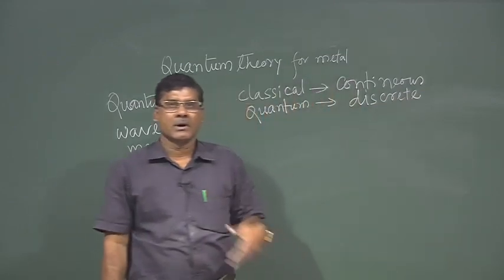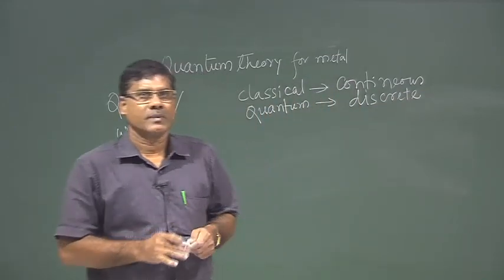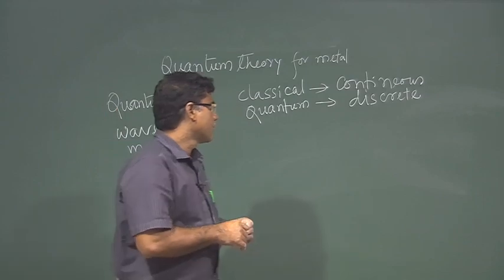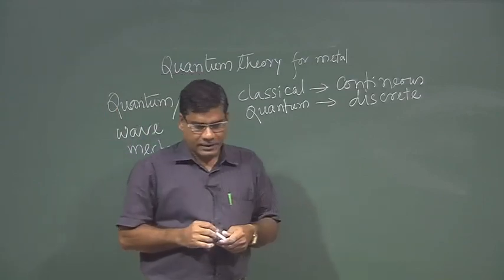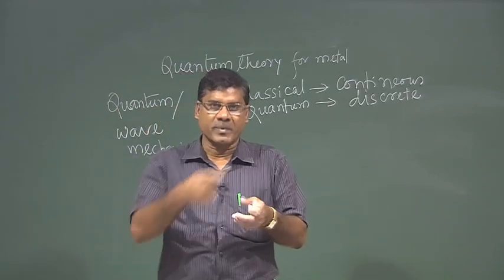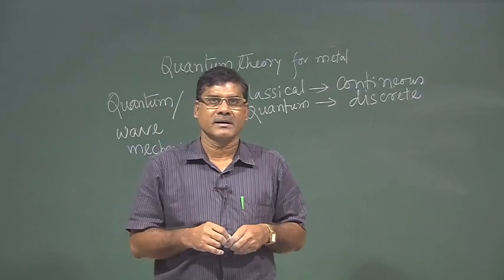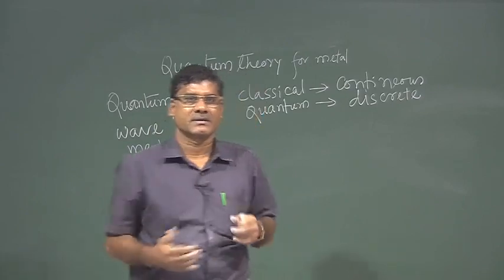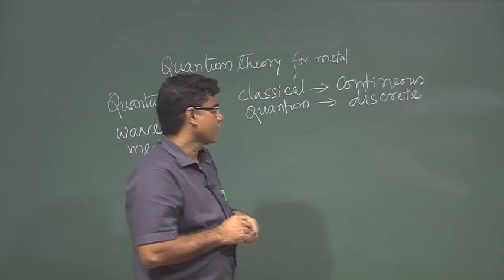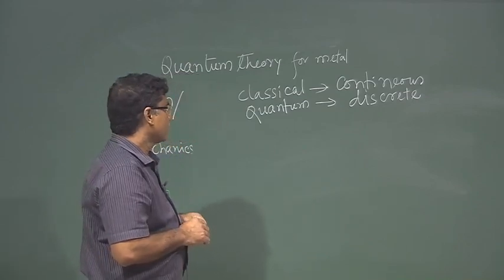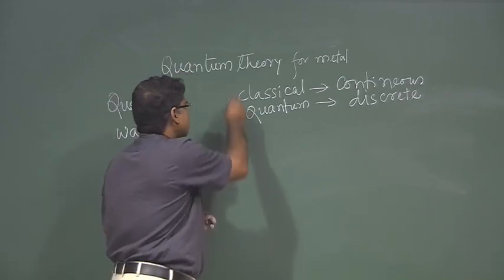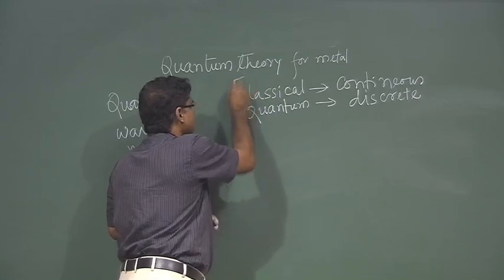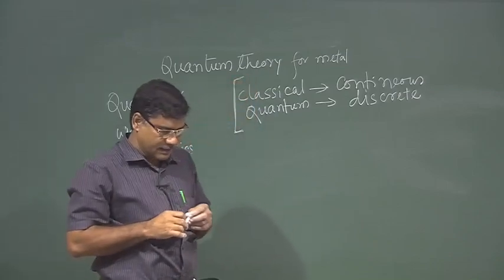You have seen from both theories that an electron or orbit cannot take any energy, it can take only particular specific energies. Okay. That is the main difference.